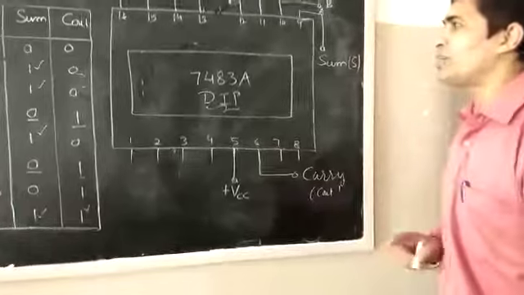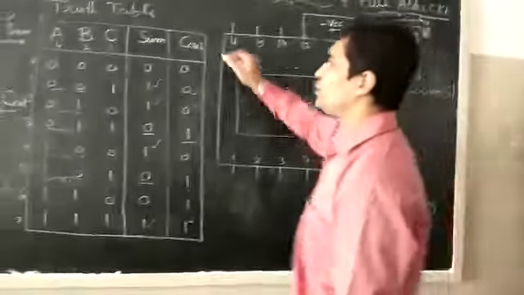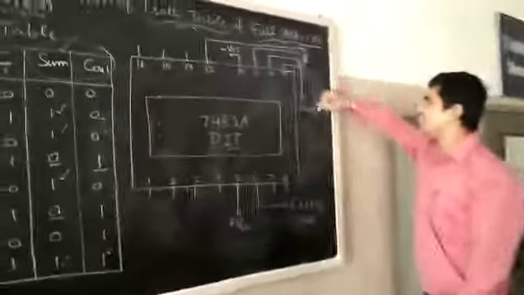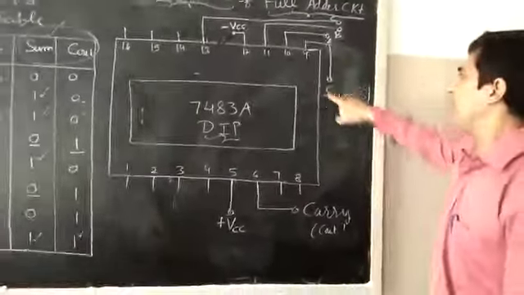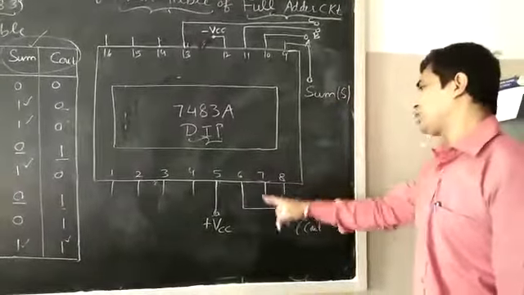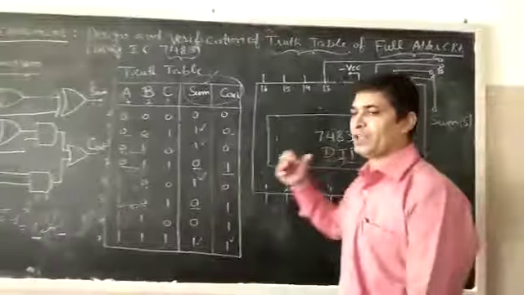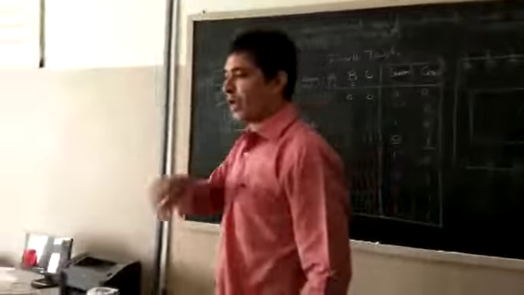As far as the output is concerned, we have to take the two outputs, sum and carry. Sum you will get across pin number 9 and carry across pin number 6. So this we will discuss on the breadboard also.